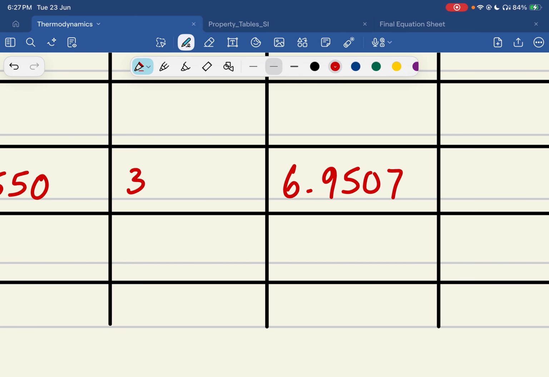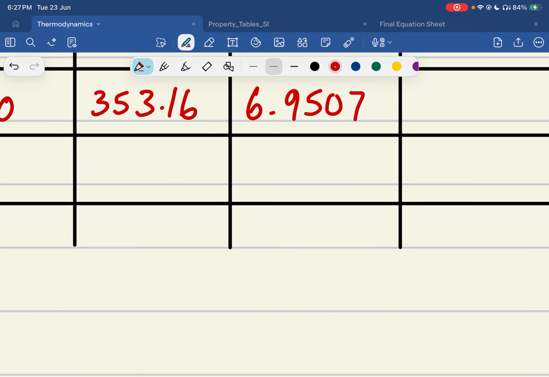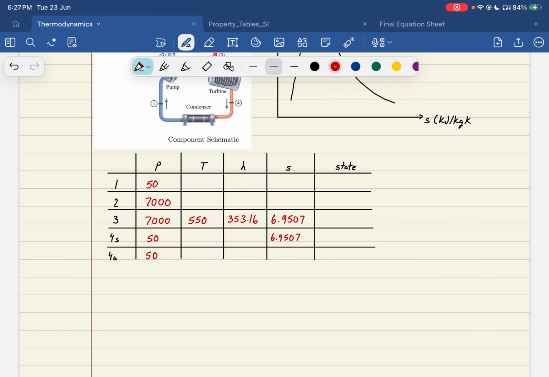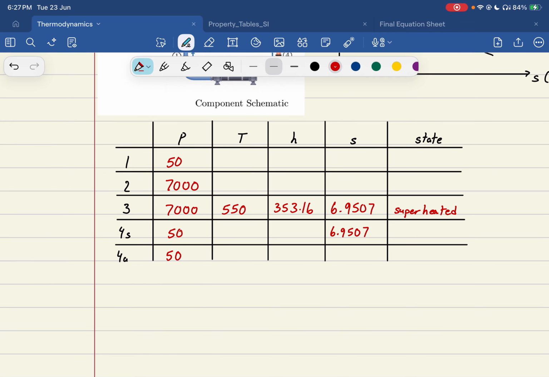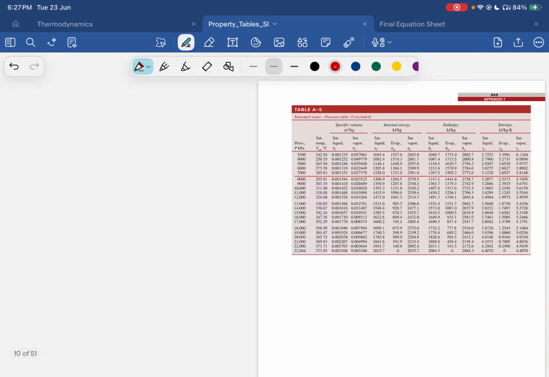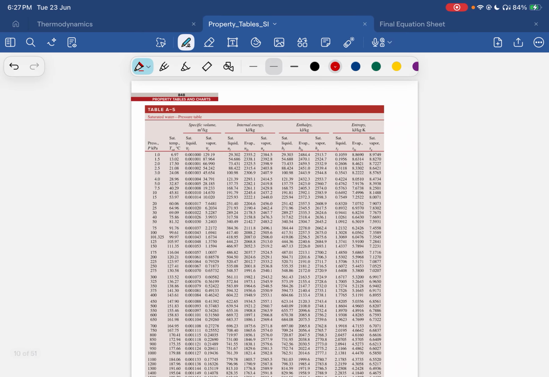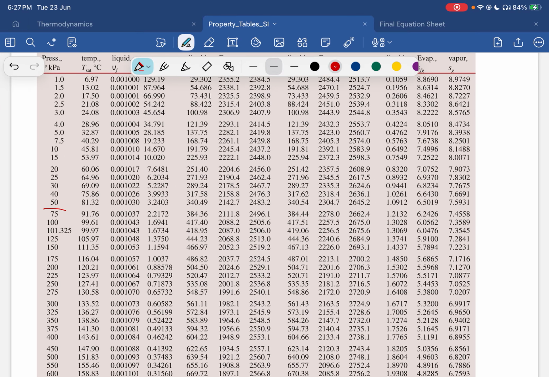And you have 3531.6. And then for the isentropic one, we know the entropy is the same as this. So that's how we find our S4 value, S4S. Okay, then right here it's superheated, just to help us draw it on the TS diagram later. So for this, now we have 50 kPa, right? So we go back to this table and we go to 50.